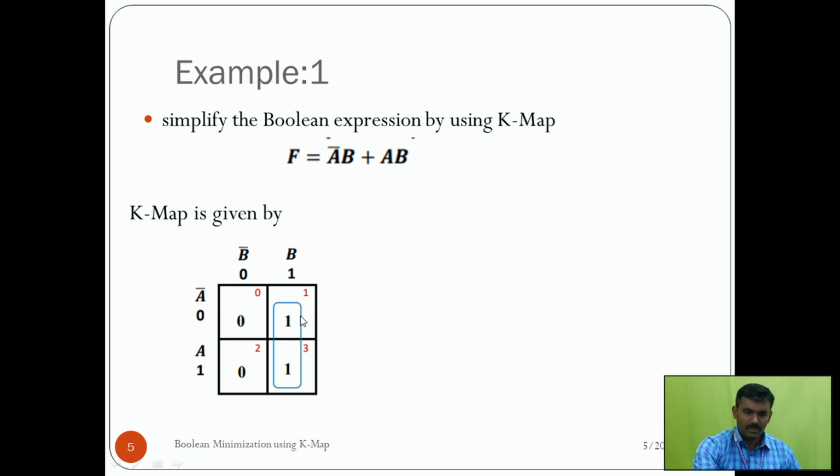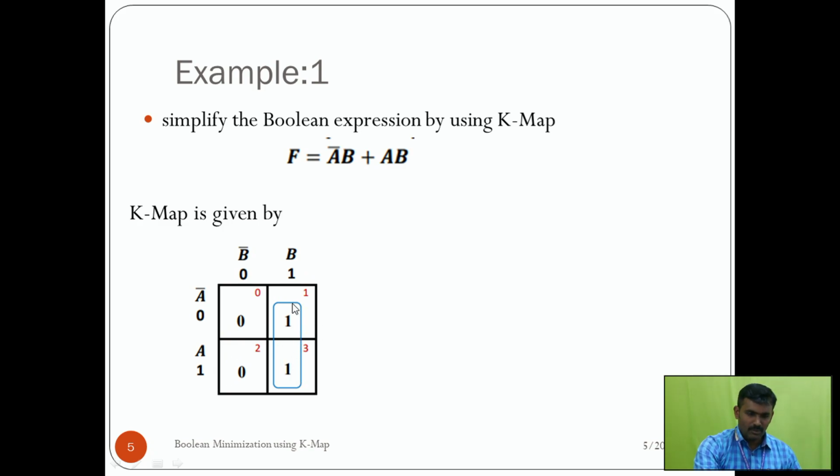Therefore we mark those cells with 1 and 1, since only these 2 minterms are present in the output function. The remaining cells, A bar B bar and A B bar, are not available, therefore we mark them as 0.